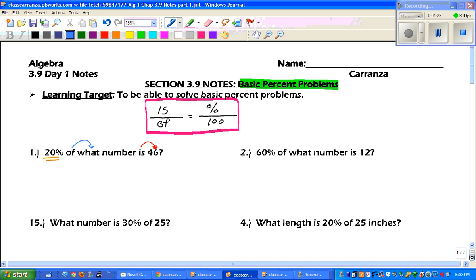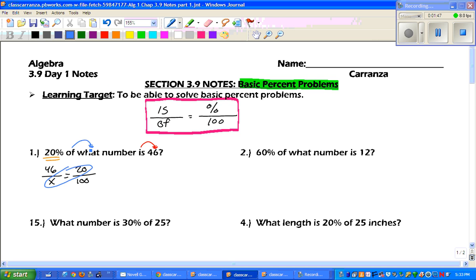So of is what number? Let's set up our proportion. We know 20%. We always know 100. That's always going to be there. And the is 46. That means down here is the x.